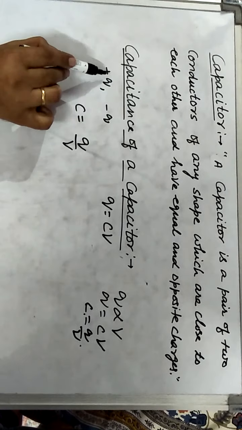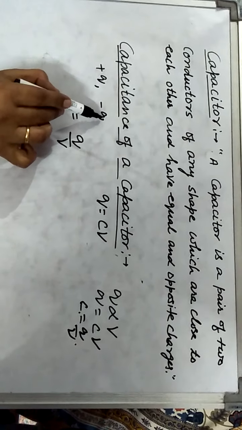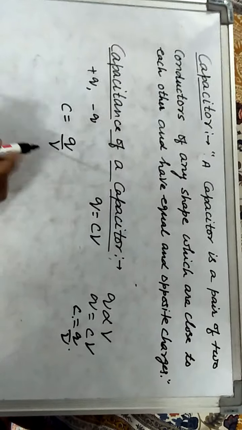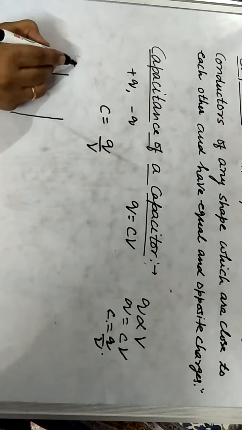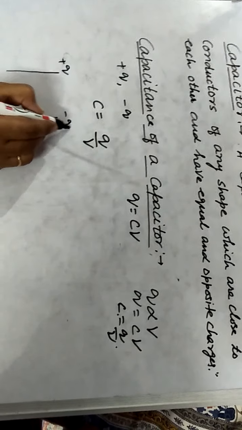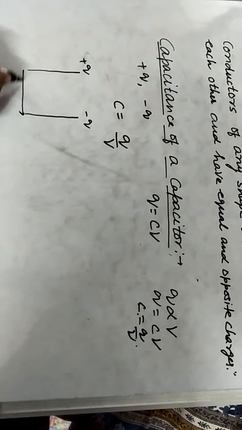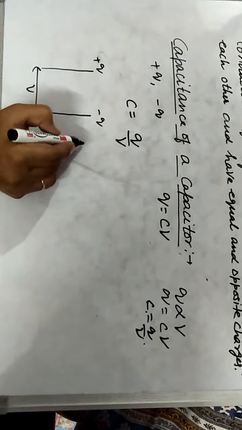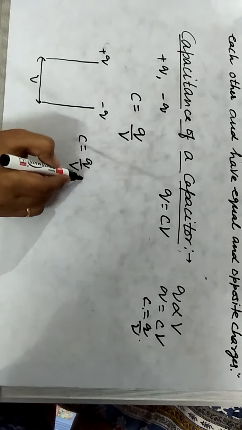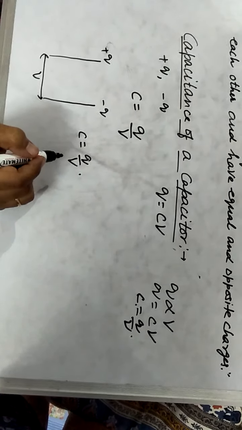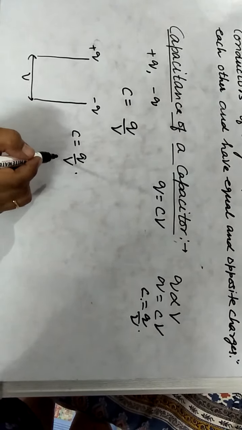Here, if the charges on the plates of a capacitor are plus Q and minus Q, one plate at plus Q and the other plate at minus Q, and the potential difference between them is V, then the capacitance of this capacitor is given by C is equal to Q upon V. So in this way we can find the capacitance of any capacitor.